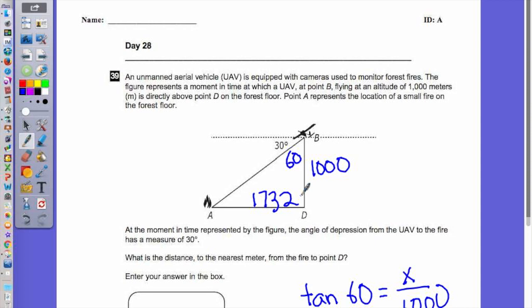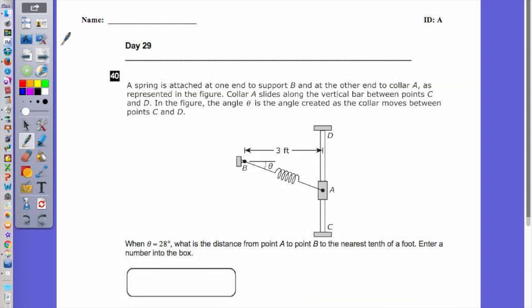Ooh, we have time and we can do our first spring one. Spring into action. Okay? So, spring is attached to support B at the other end of collar A. Basically, this to here is our right angle, right?